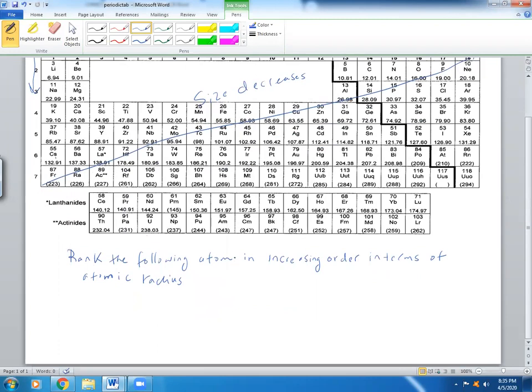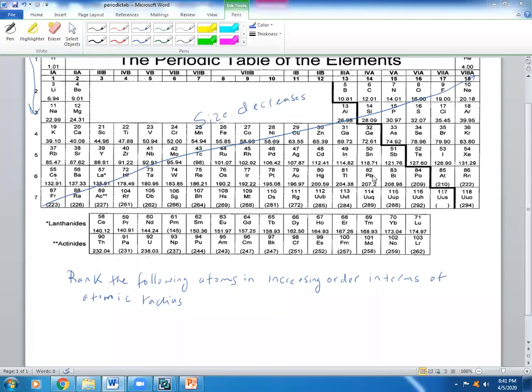So let's rank the following elements in increasing order, meaning from small to large. That's what increasing means. So from small to large, or from the smallest to the largest.